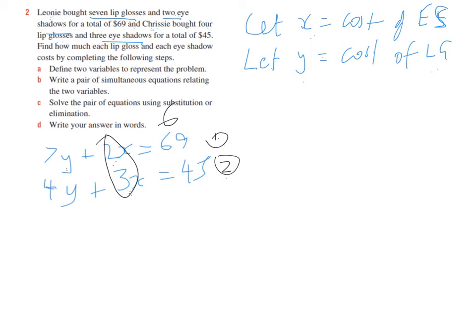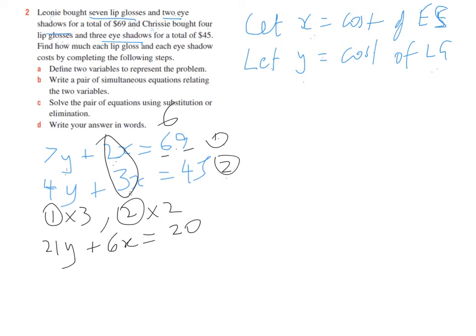So from there we'll have 21y plus 6x equals 69 times 3, which is 207. And over here, 4y times 2 gives 8y, plus 6x equals 45.